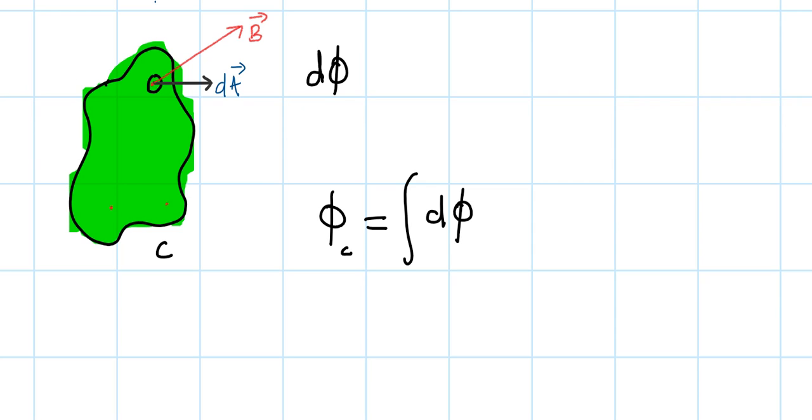But anyhow, for this tiny region, the tiny magnetic flux is B dot dA, putting them within the integration, we get integral B dot dA.